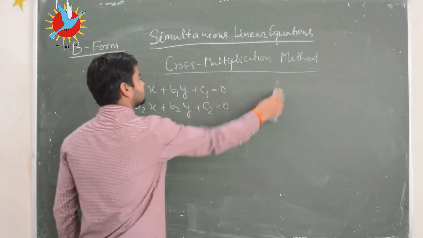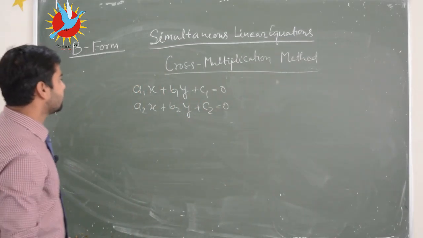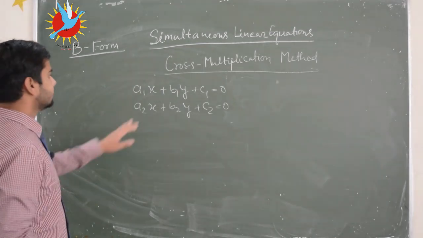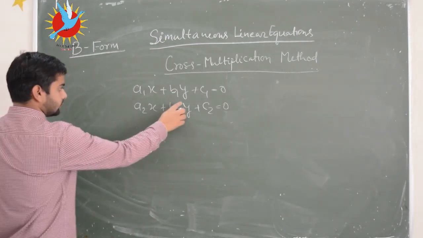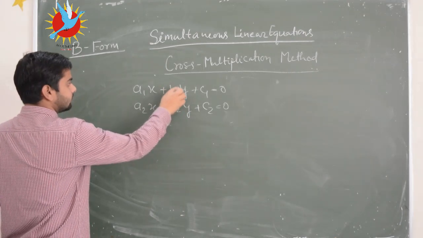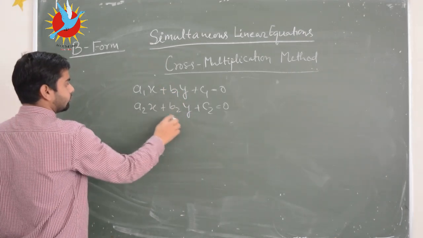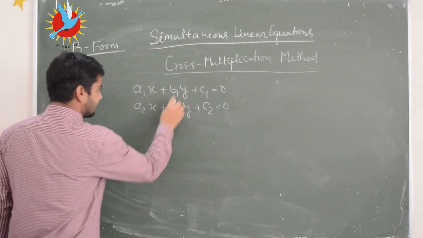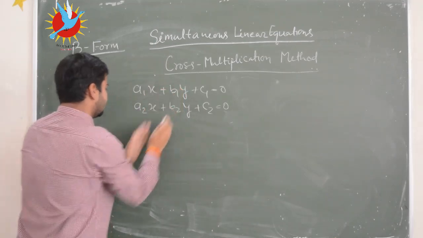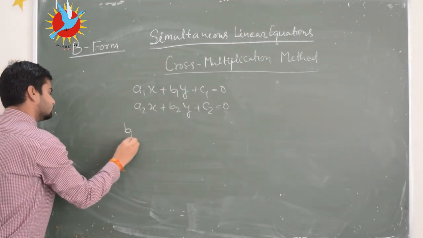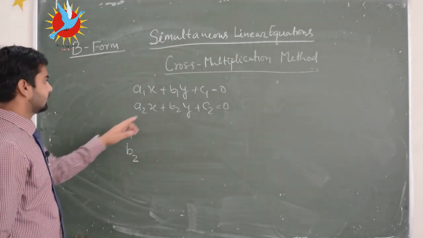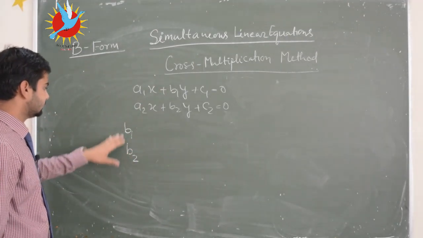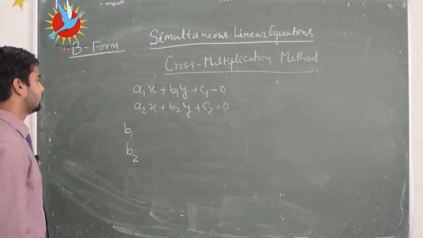Next we will write 4 columns, starting from the coefficients of y. Here the coefficient of y in expression 1 is b1 and in expression 2 the coefficient of y is b2. So write the coefficients of y first, b1 and below it b2.